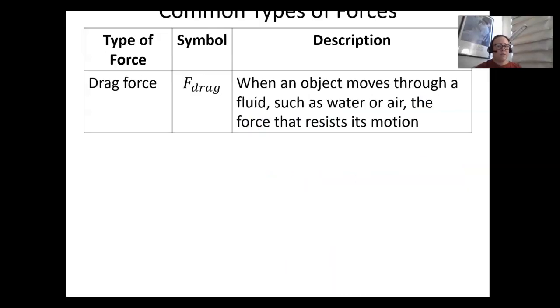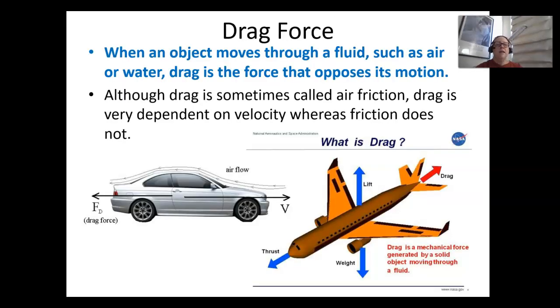Another common type of force is the drag force, which is F with the subscript drag. When an object moves through a fluid, such as air or water, the drag force is the force that resists the motion of the object. So here are a couple of examples where drag would be significant. When a car is moving through the air around it at high speeds, there is a drag force that is in the opposite direction to the direction that the car is moving.